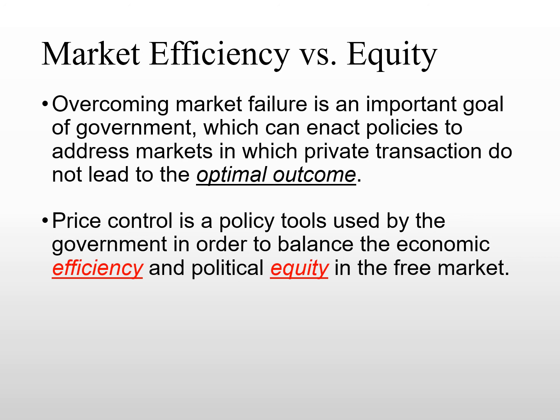So in the next video, we are going to start discussing how the government uses a policy tool called price control to make adjustments to the market so that they can achieve some of this political equity objective in a free market. And we are also going to see how we give up some efficiency to get that solution.